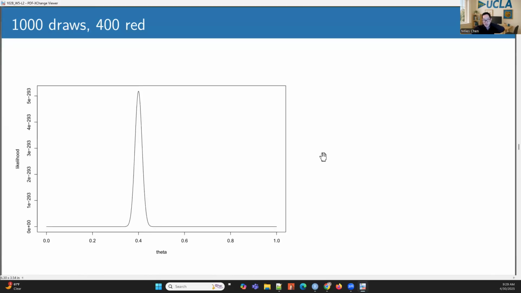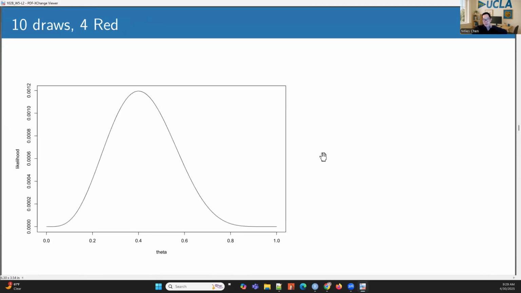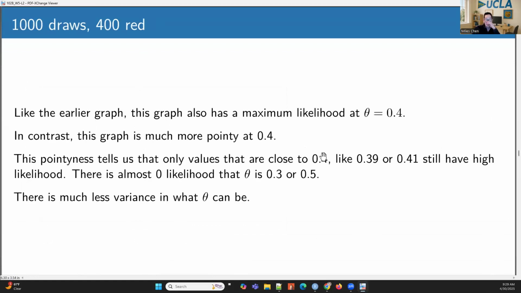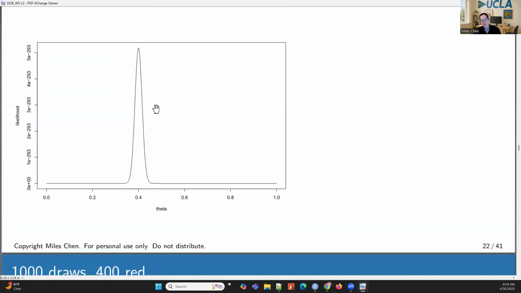So if you compare this plot with this plot, they both have the maximum at 0.4, but this one is a lot more, we would say, pointy, right? And so this pointy, or high curvature, tells us that only values that are close to 0.4, like 0.39 or 0.41, still have high likelihood.